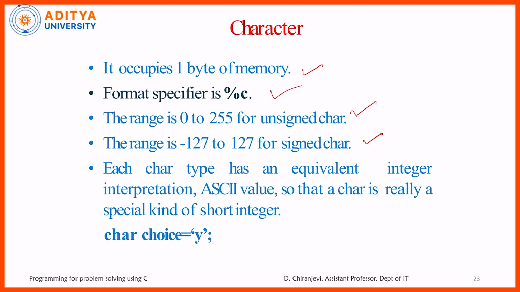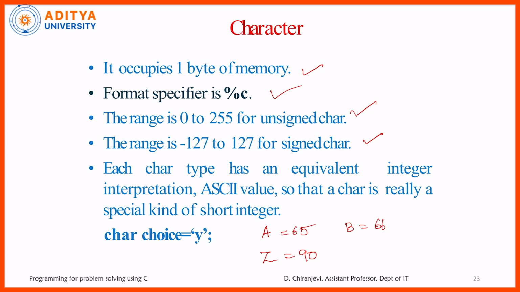Every character is associated with a specific ASCII value, American Standard Code for Information Interchange, where capital A starts with 65 and capital Z ends at 90. So A is 65. If somebody asks what is the ASCII value of B, you add 1 to A, so you get 66.